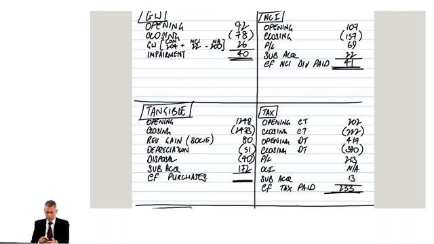So 1248 minus 2473 plus 80 minus 51 minus 40 plus 172 gives us minus 1064. Minus 1064. And of course that cash outflow goes to the cash flow statement.